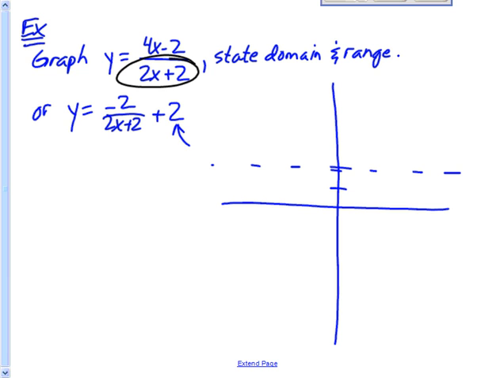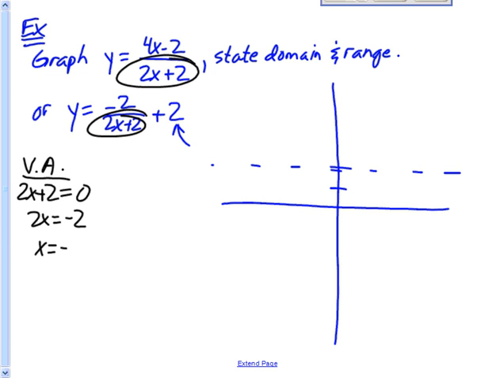So you take that denominator and think about where's that thing undefined. Solve that, subtract 2 both sides, now divide by 2, and I say x equals negative 1. So negative 1 is where I have this vertical asymptote. I have that horizontal asymptote at y equals 2 because I was shifted up 2, wasn't I?